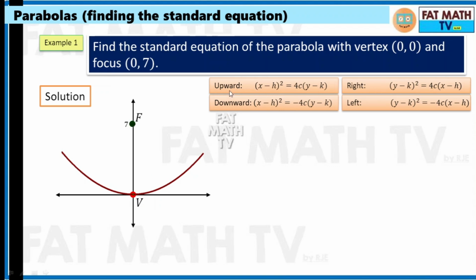So if it opens upward, we need to follow the formula (x minus h) squared equals 4c times (y minus k). And h and k are 0 and 0.